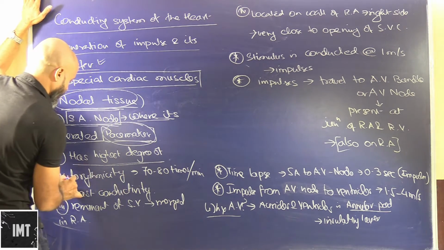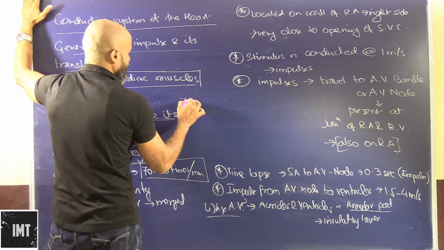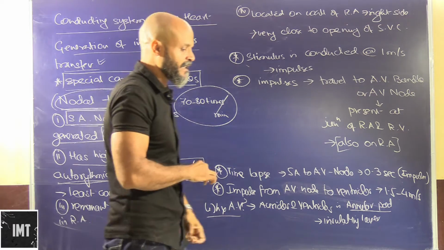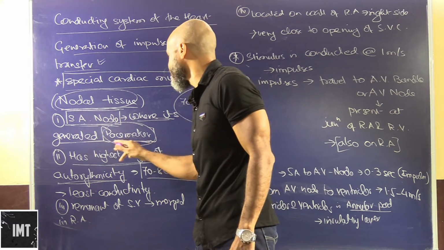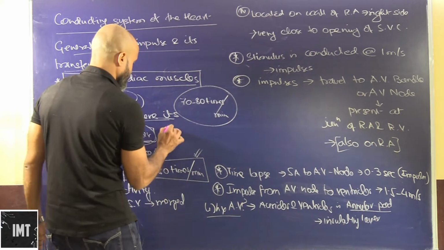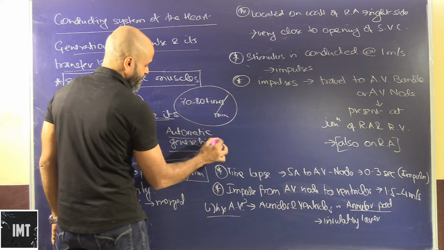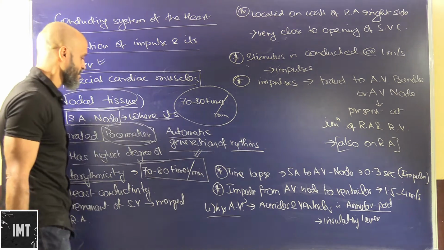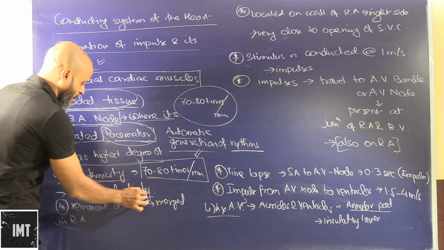It has the highest degree of autorhythmicity, that is approximately 70 to 80 times per minute. The pacemaker is basically a place where the rhythms are automatically generated. Highest degree of autorhythmicity means that it automatically generates rhythms, approximately 70 to 80 rhythms per minute, and it has the least conductivity.